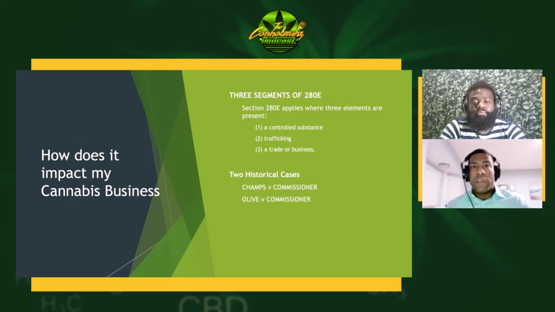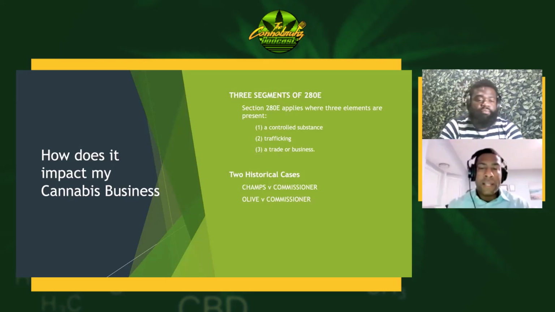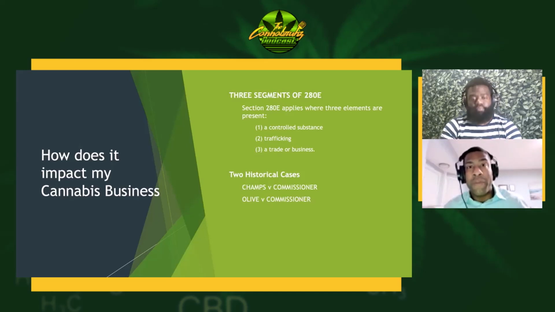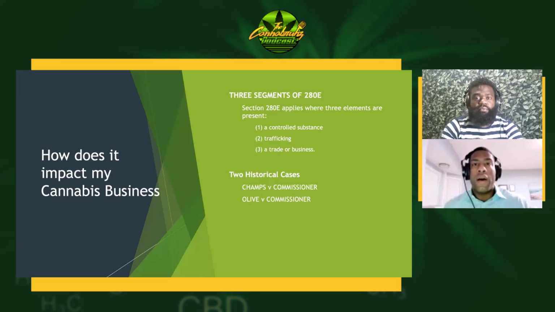So they lumped it all together, and 280E impacted the entire business, and therefore he lost out on a lot of money for several different years. There were penalties and interest accrued over the years because he chose not to appropriately run his operation.